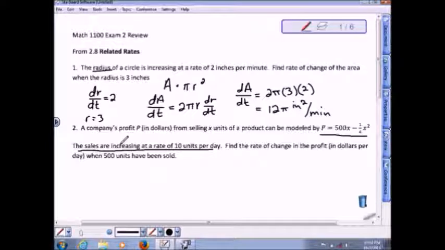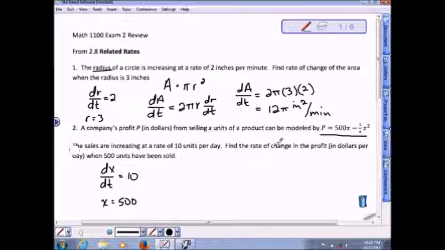X represents what they're selling, the number of units. So the rate at which it's increasing is dx/dt. That's equal to 10. We need to find the rate of change of the profit when 500 units have been sold. So that's x equal to 500.